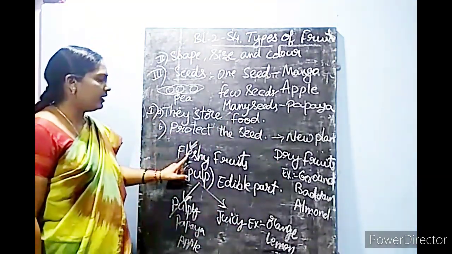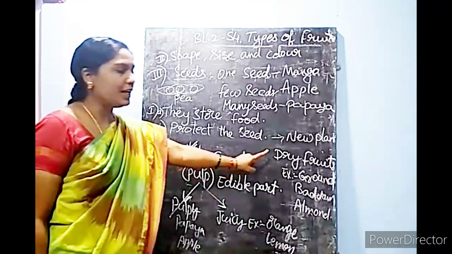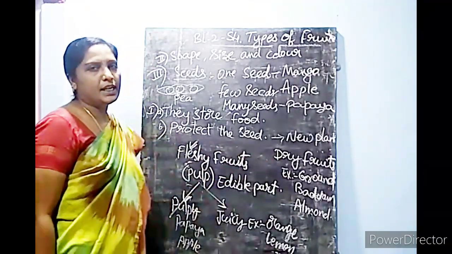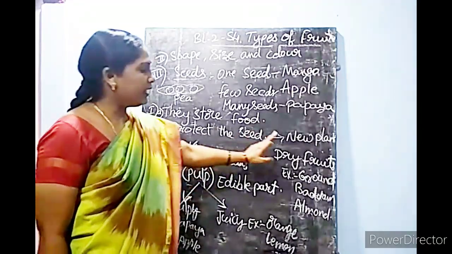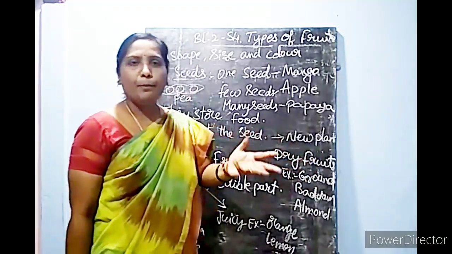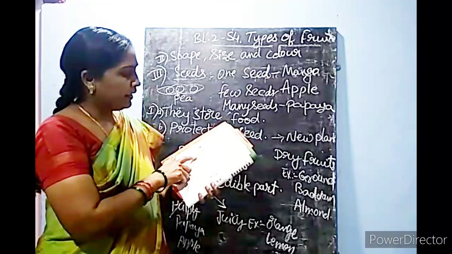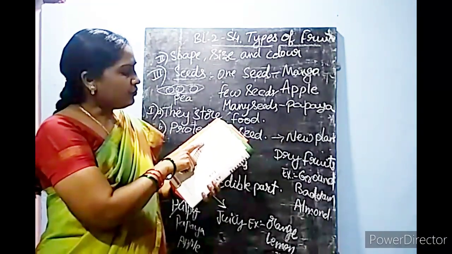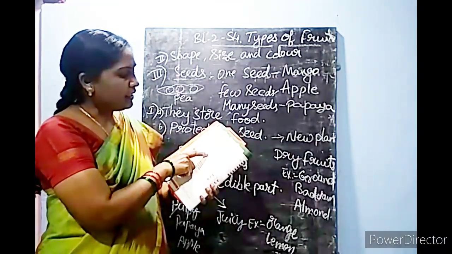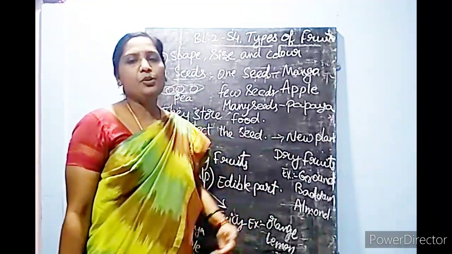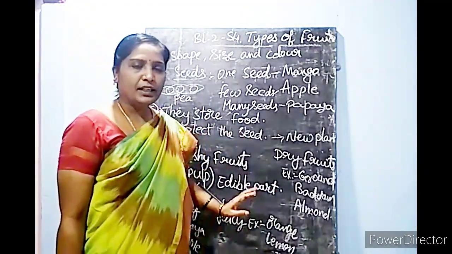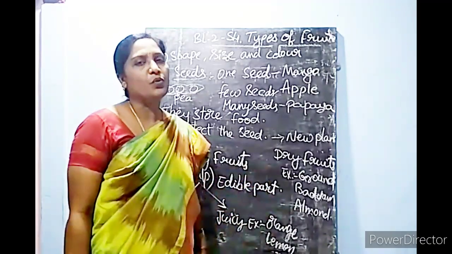You know very well how they are different. Fleshy fruits have pulp inside. Dry fruits do not have pulp inside. And the last one, is coconut a seed or a fruit? You find out this answer and complete it as homework.